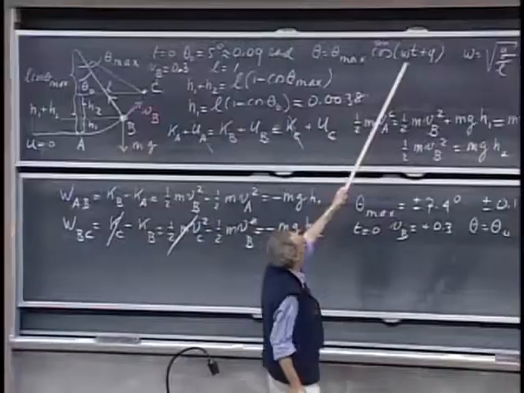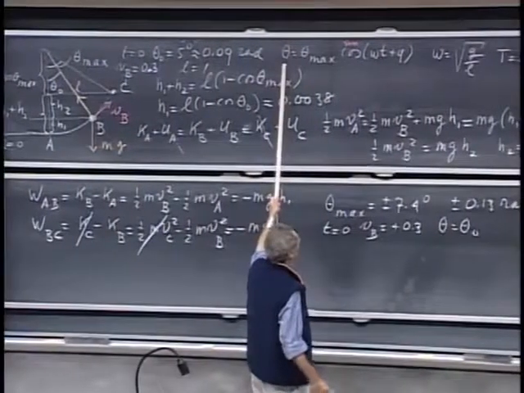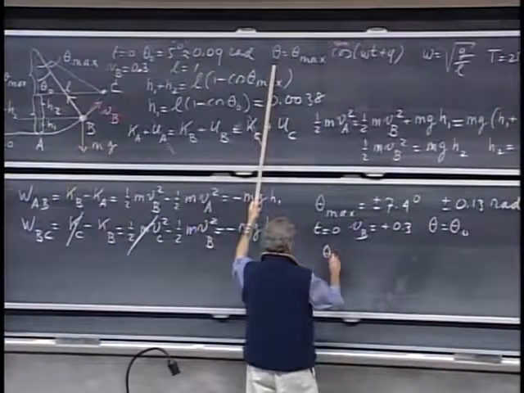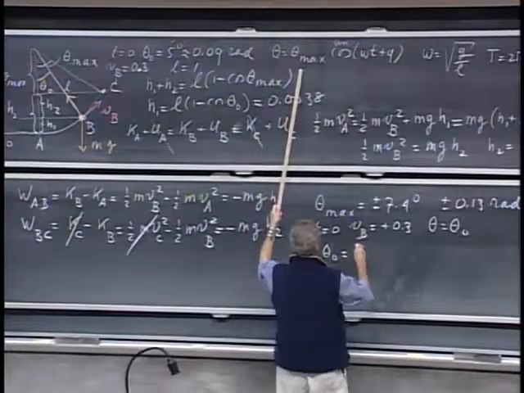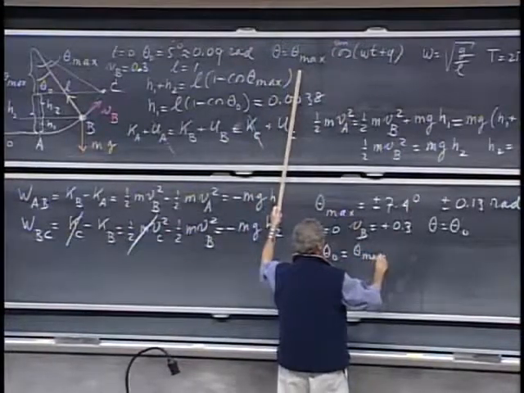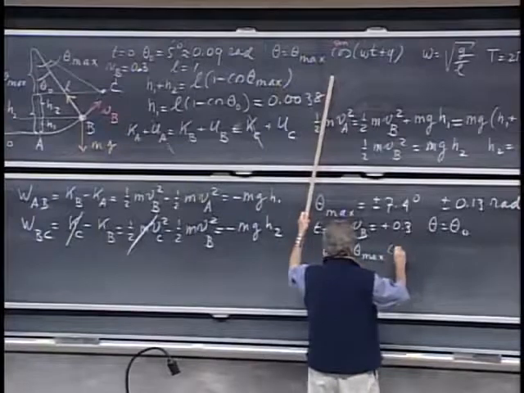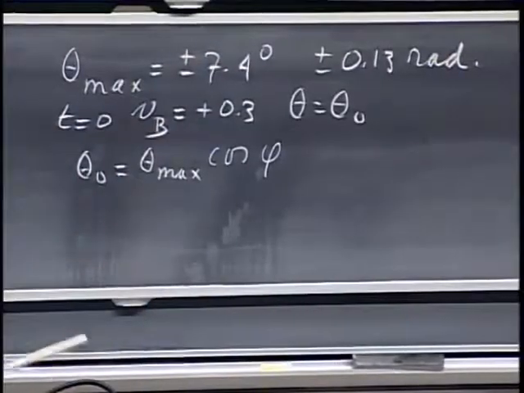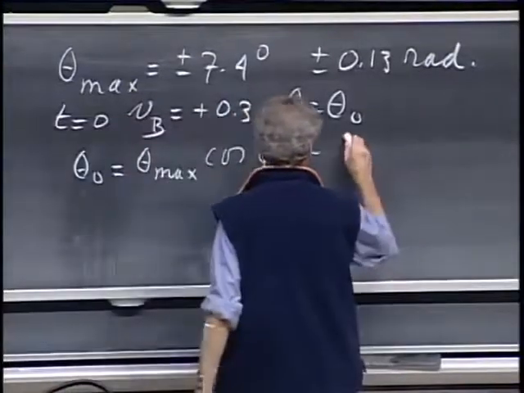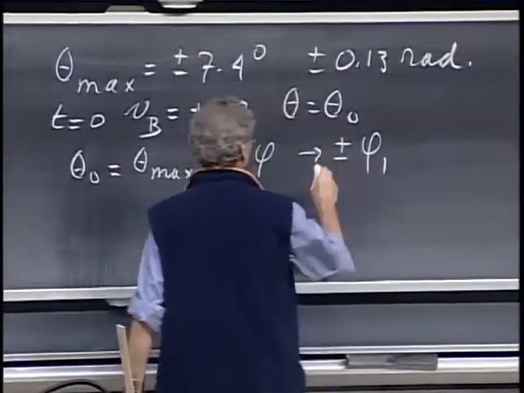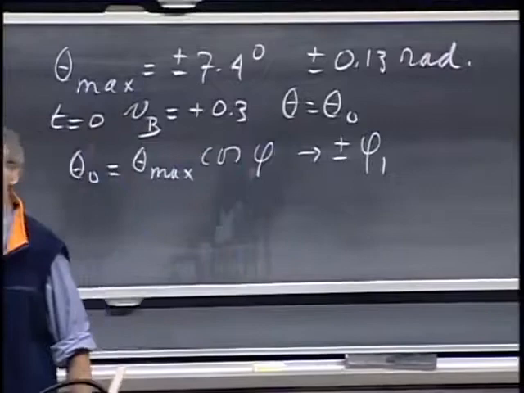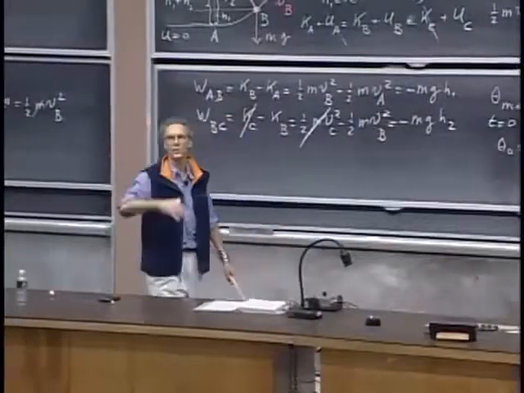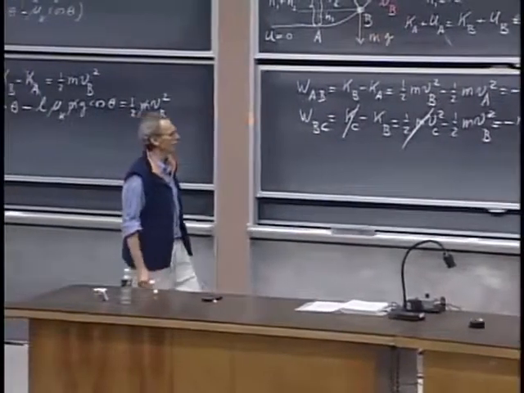So I know when t equals 0, I know that theta equals theta 0. So theta 0, I know what theta 0 is. We just calculated what theta max is, times the cosine of phi at t equals 0. And so out pop two angles of phi, plus and minus phi 1. You always find the plus and a minus sign because the cosine of plus the angle is the same as the cosine of minus the angle.